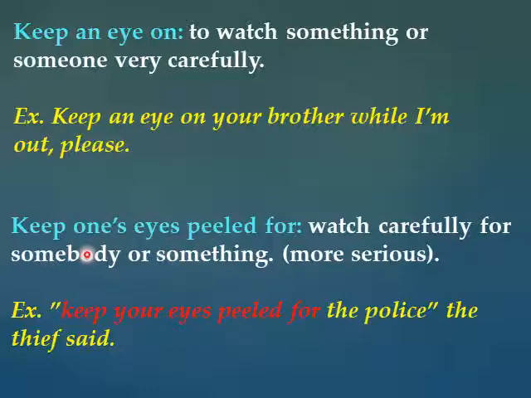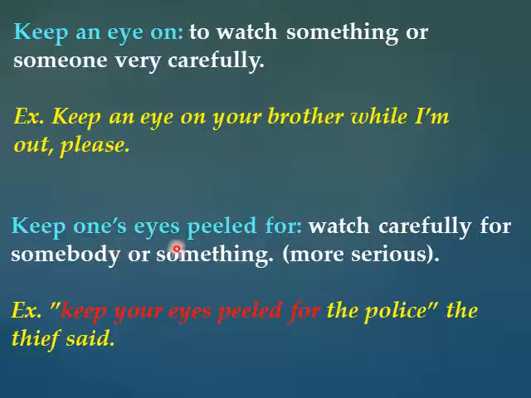Here there is another expression which has a similar meaning, but there is some difference. So in order not to confuse them, I put them together so we can compare them and know when to use this and when to use that. So, to keep one's eyes peeled for. Peeled here is like peeling, just like when you take the cover off an orange, you peel it.